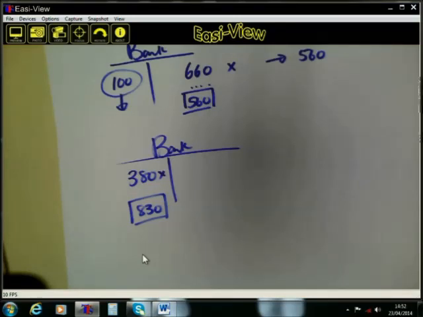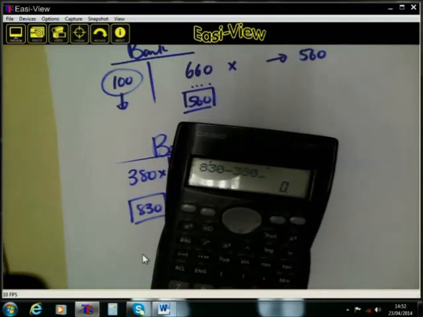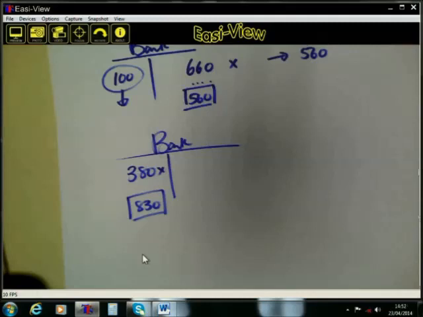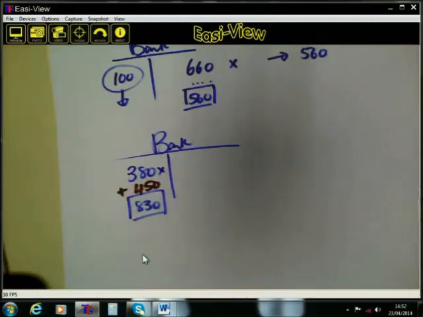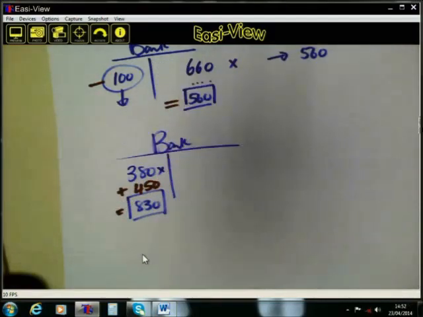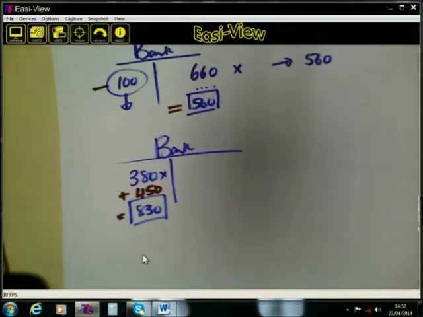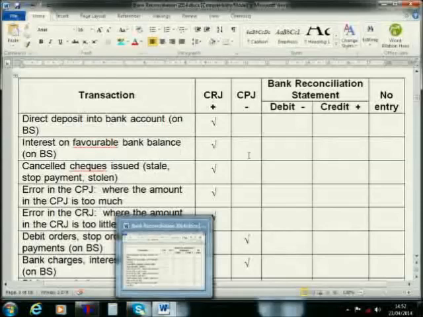You take your calculator and say 830 Rand minus 380 Rand gives us 450 Rand, and you put that 450 Rand there. So you add the 450 so that you can have this one. In the other one, you subtract the 100 Rand so that you have the correct amount of 560. So if the opposite journal, the CPJ, is too much, we put it in the CRJ. But if the same journal, the CRJ, is too little, then we also put it in the CRJ.